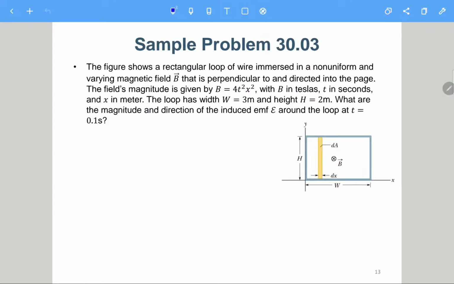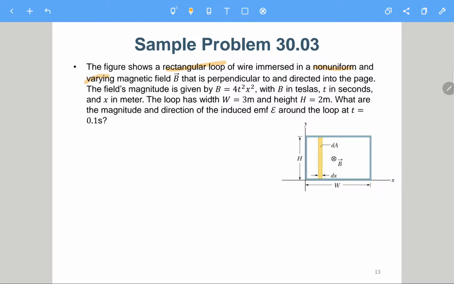Okay, so next we have another sample problem. Here we have a rectangular loop of wire immersed in a non-uniform and varying magnetic field.